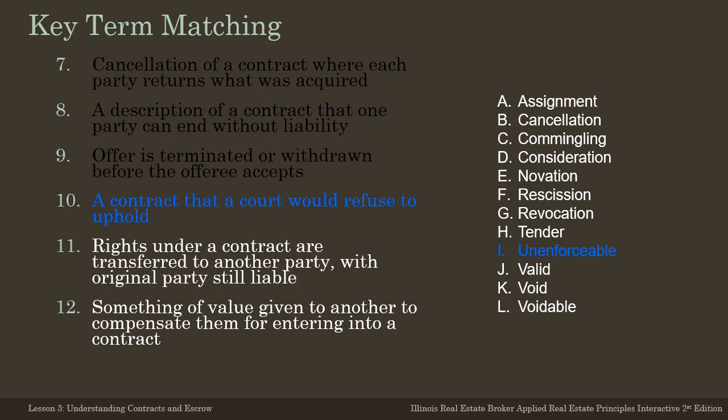The Statute of Frauds says in this state and many other states that if you are going to enter into a contract for the sale and purchase of real estate, that document must be in writing. If you will, sales contracts must be in writing. If they're not in writing, they're considered unenforceable.